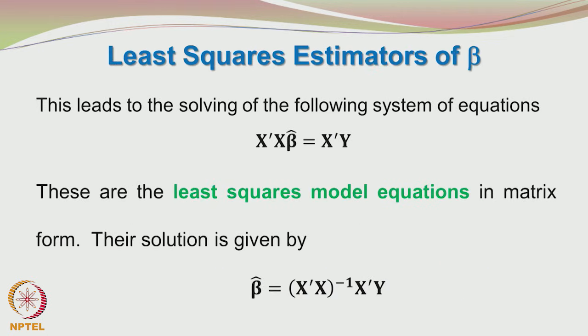Right. So, what do we actually do? We first construct the x prime x matrix, where x prime is the transpose of the x matrix. We saw the x matrix to be defined as shown in the slide, and the transpose of the x matrix is represented by x prime.